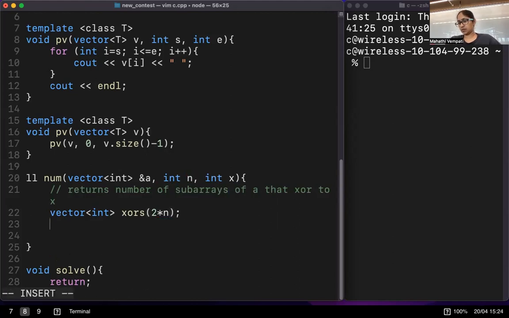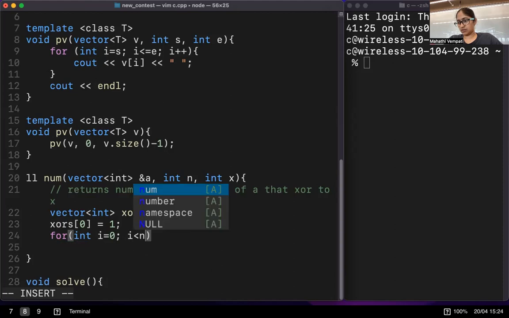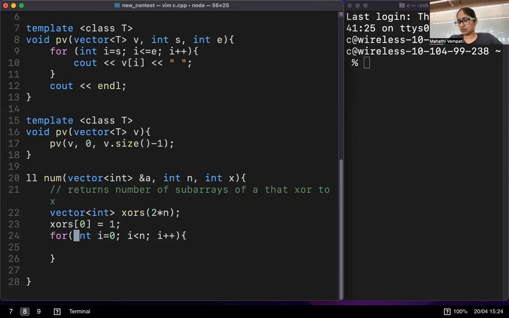We're on the cusp, but that's okay. And I want to have XORs of 0 as 1. Okay. Then for I equals 0, I less than n, I plus plus.